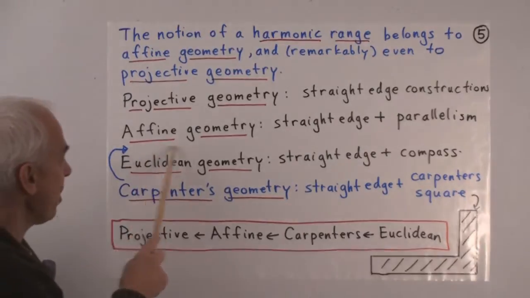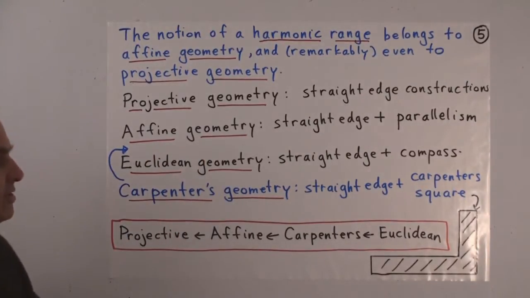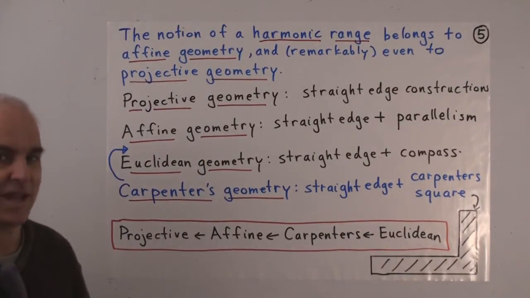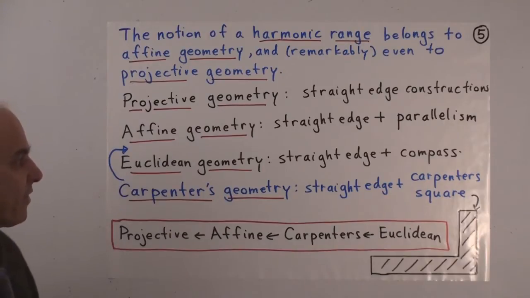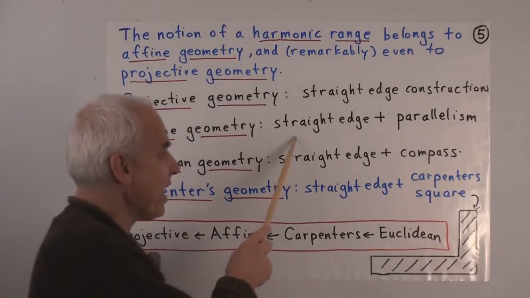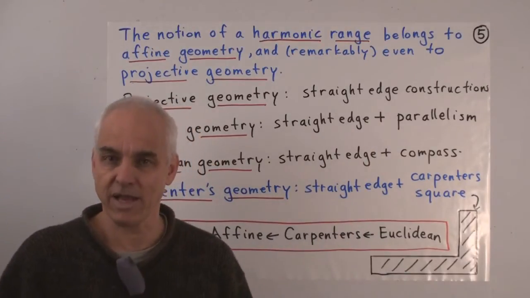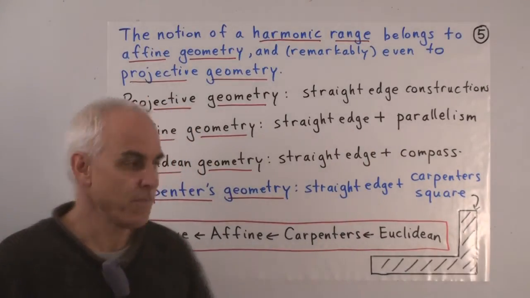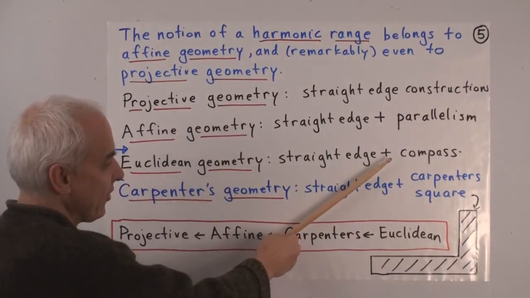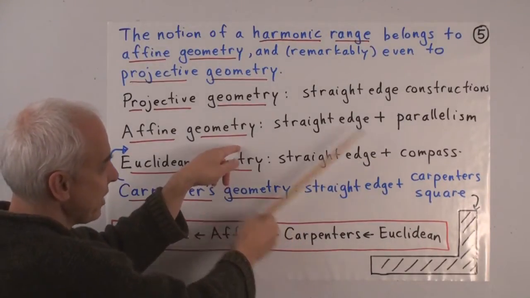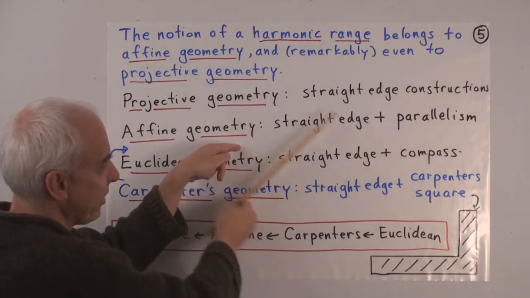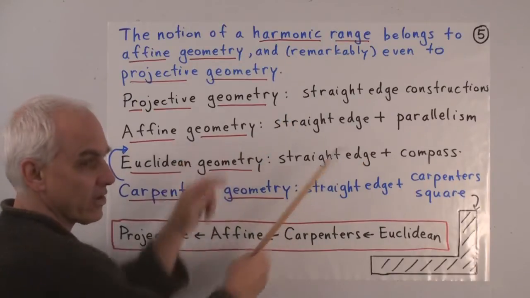But there's a related geometry called affine geometry, which is almost the same seemingly, but still quite different. It's what you get when you have a straight edge, but you also have the notion of parallel lines. So given one line like this and some other point, you allow yourself to know what parallel line means and how to construct a parallel line.